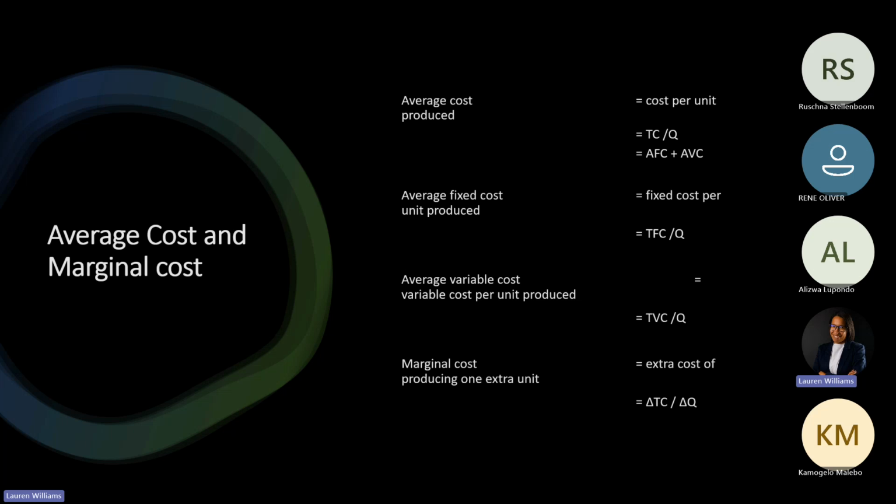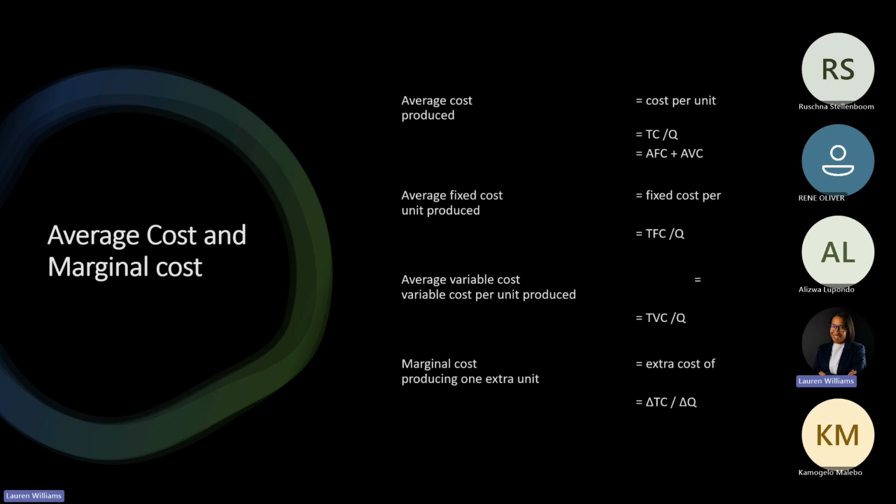So you can see, if you're going to study these formulas off by heart, the easiest way to remember them is this. If you're looking at the average cost, the formula becomes total cost divided by quantity. If you're looking at the average fixed cost, it becomes total fixed cost divided by quantity. If you're looking at the average variable cost, you're looking at your total variable cost divided by quantity.